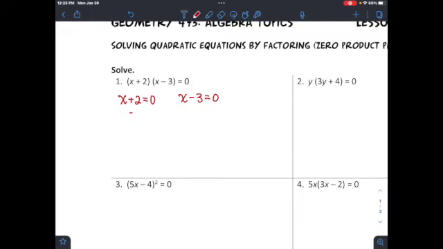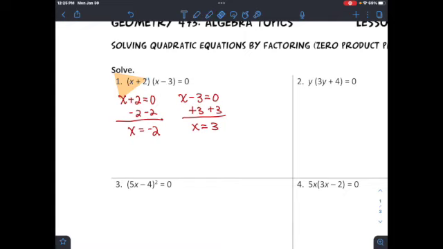To solve that, you just minus 2 on both sides. For the first part, x equals negative 2. And then plus 3 on both sides for the second equation, and that's x equals 3. If you double check, if you put in negative 2 for x in x plus 2, that will make it equal 0.